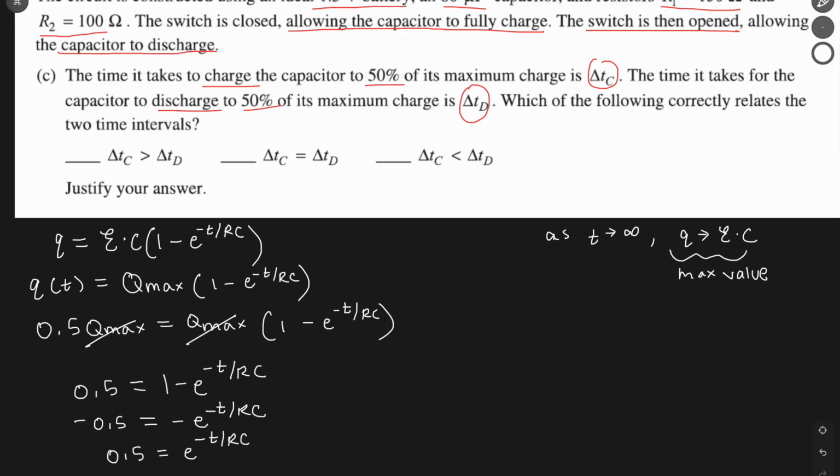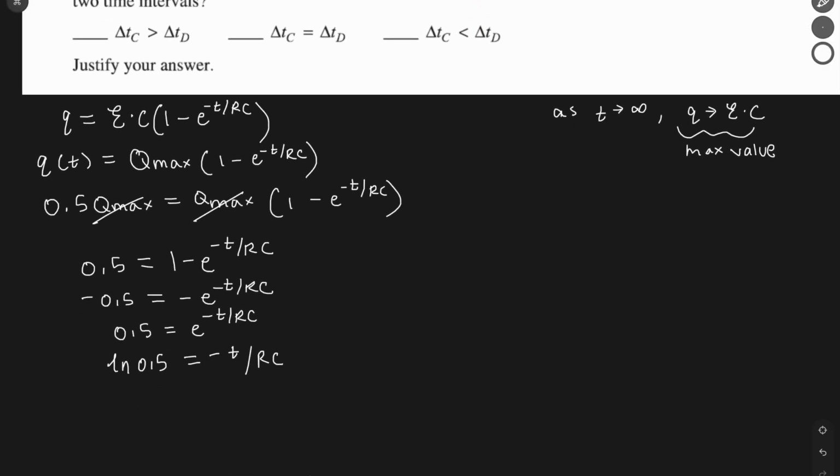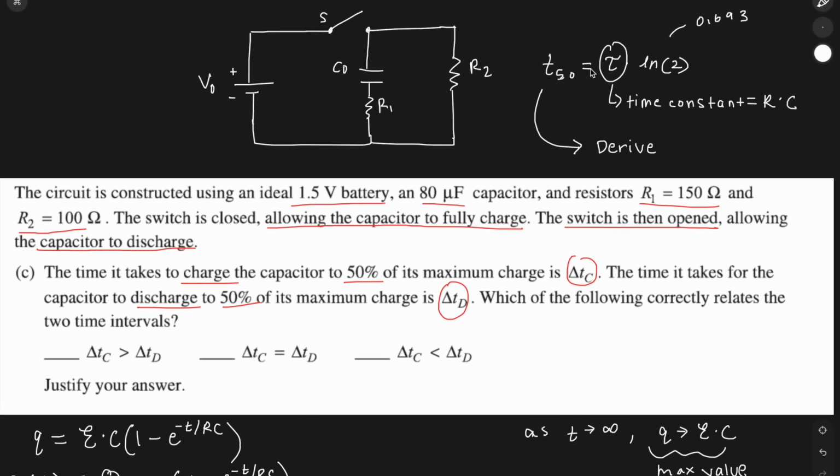Now we're going to take the log of both sides. And we get, and boom, we have basically just derived the equation that we started off with, which was this one.